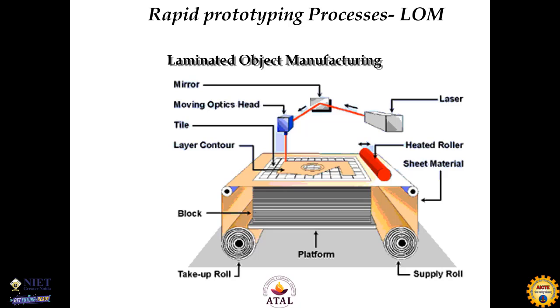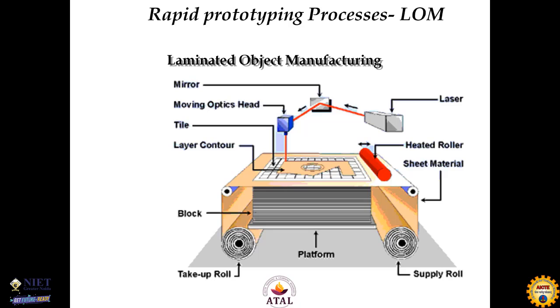As you can see here, there is a supply roll. One sheet is passing through the bed, and there is a scanning process. A high density laser is used to scan the part, and the scan intensity is such that it can cut that portion. It cuts the cross section of the CAD design of the first layer, and the remaining section is cut as well, leaving the desired part.